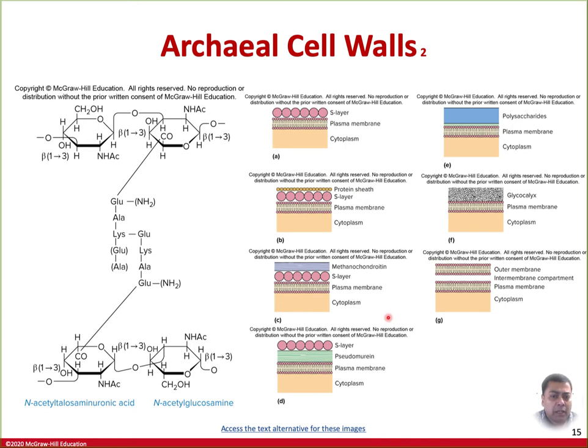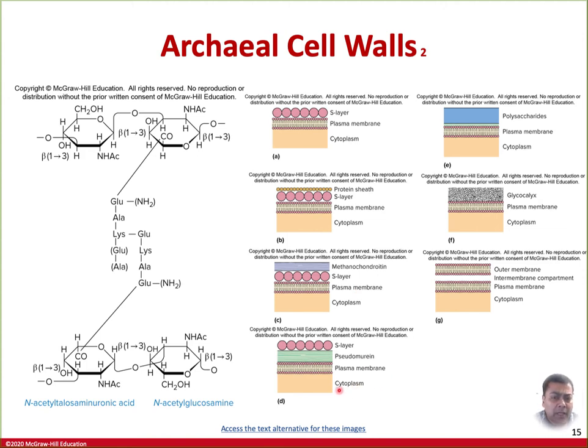Here you are seeing the cytoplasm, plasma membrane, S layer, and then you have a methanochondroitin, another layer. It is basically a glycan, and in Methanothermus and Methanopyrus, these are all methanogens as well.